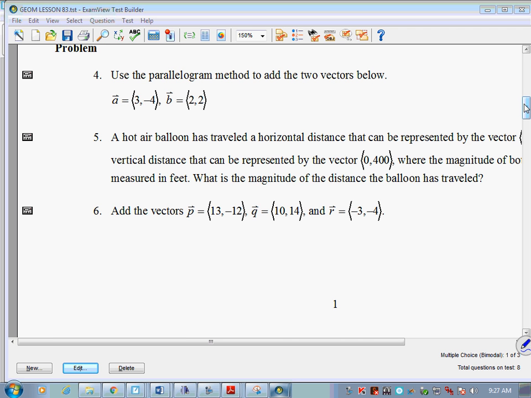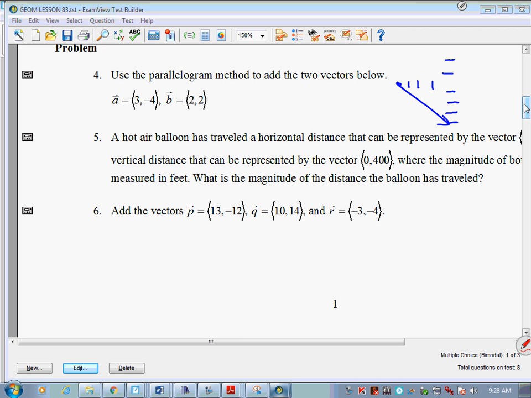Now, we could make it where we're doing something along those lines, but really, to do this, we would do what? 3, 4. So start here, 1, 2, 3, down 4, 1, 2, 3, 4. That's going to bring me down there. 2, 2. I want to start from the same spot. So I'm going right 2, up 2.